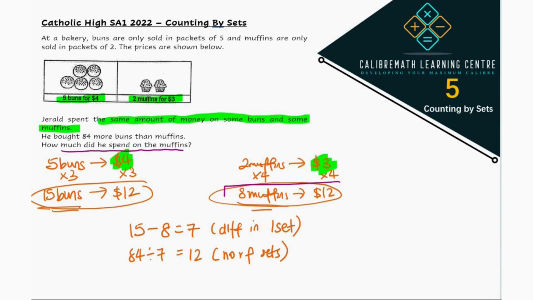So by looking at this, this is our one set. One set gives us $12 over here. So for 12 sets, we will use 12 sets to multiply by the $12 per set, and that gives us $144. And so the answer for the amount of money that's spent on the muffins is $144.